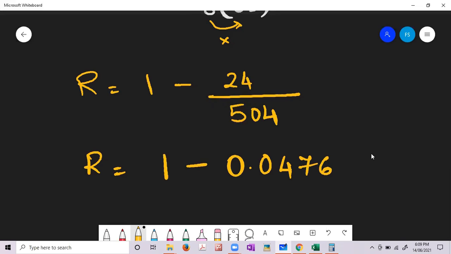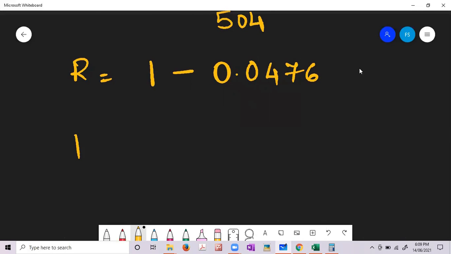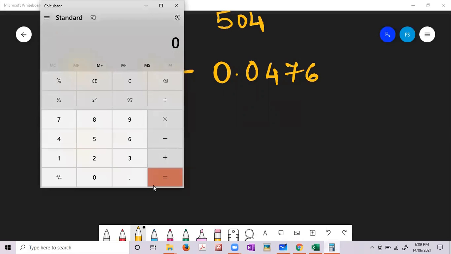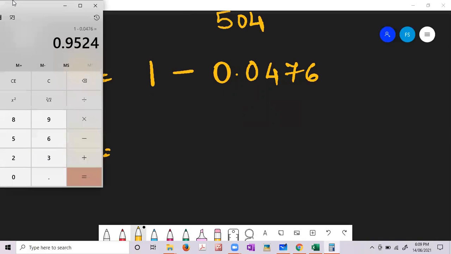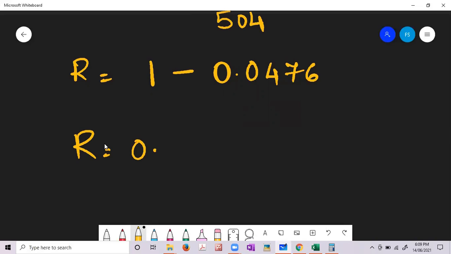Therefore, R is equal to 1 minus 0.0476. The answer comes to R is equal to 0.9524.